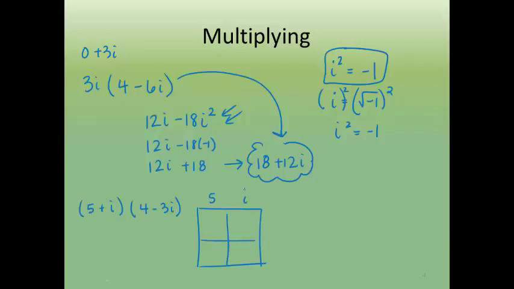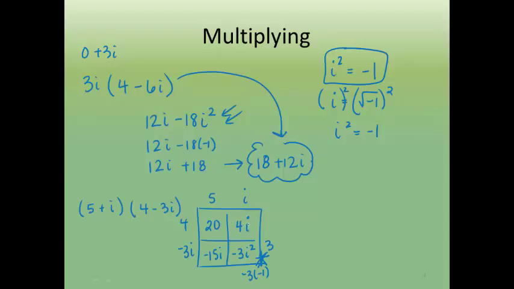It doesn't matter where you write it: 5 plus i, and then 4 and a negative 3i. We can multiply within this box. That gives me 20, gives me 4i when I multiply 4 times i, negative 15i, and here I have negative 3i squared. But keep in mind that this negative 3i squared is actually a negative 3 times a negative 1, so it's really like a positive 3.